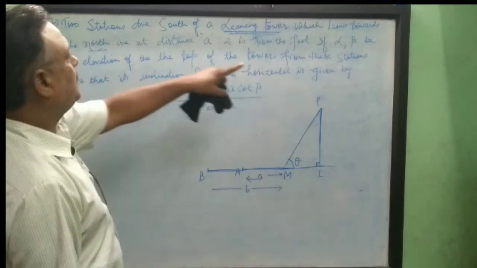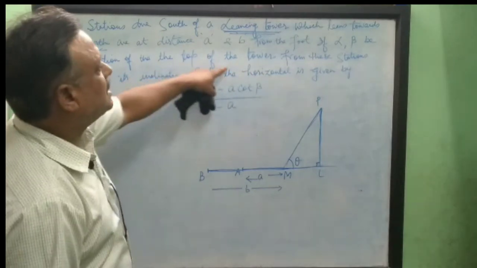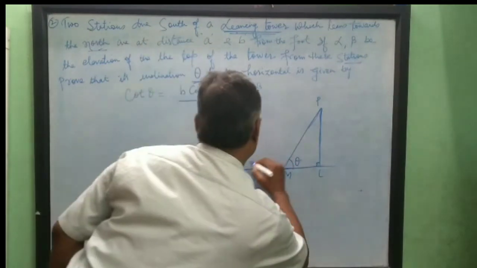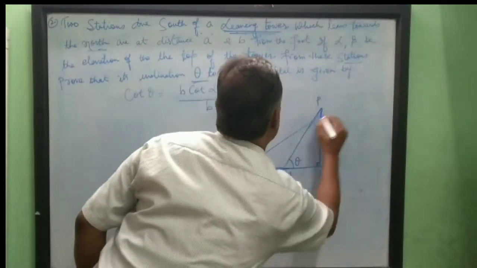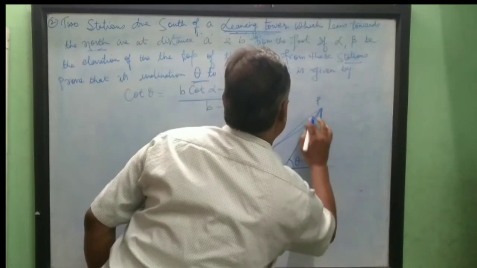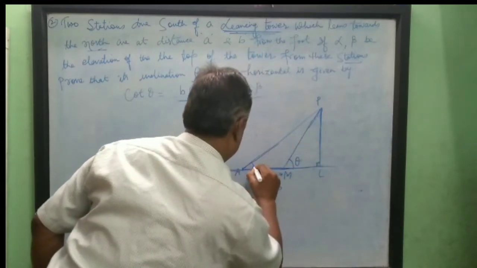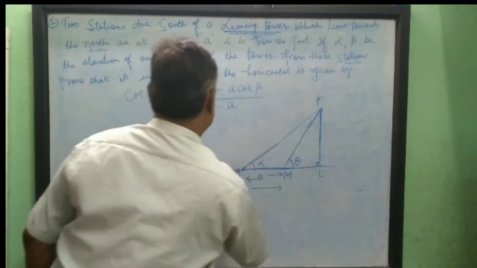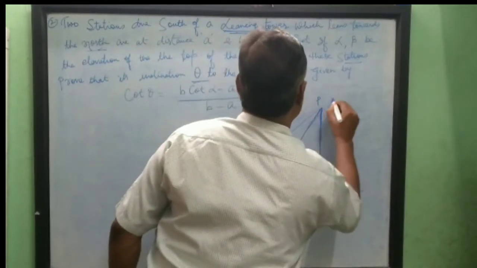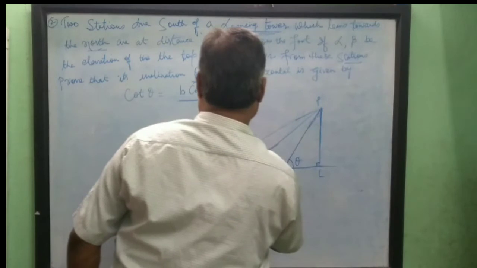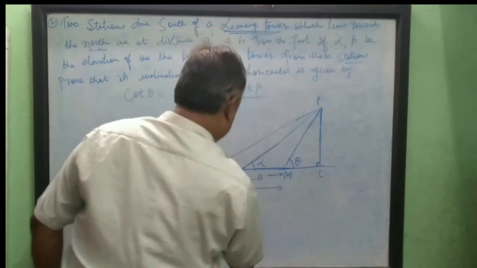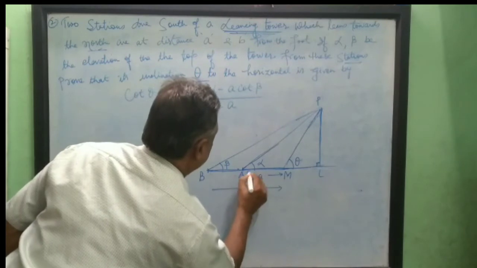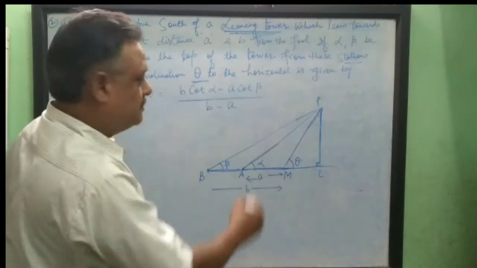And if alpha, beta be the elevation of the top of the tower from these stations, so it means this angle of elevation is alpha, and this angle of elevation is beta. So this is the diagram.